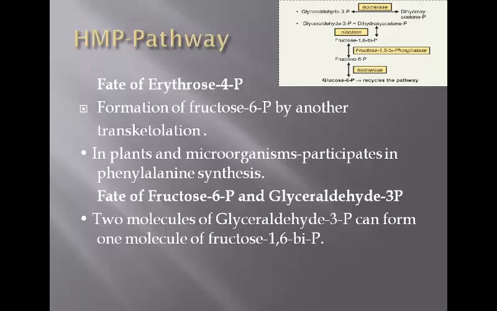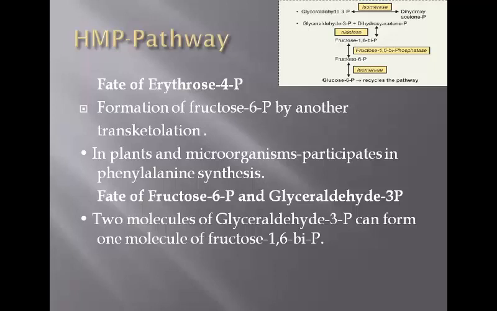The fructose 6-phosphate is epimerized to glucose 6-phosphate, and as 2 fructose 6-phosphate are formed, 2 glucose 6-phosphate are formed. Whereas the glyceraldehyde 3-phosphate can combine with another glyceraldehyde 3-phosphate or dihydroxyacetone phosphate, which are interconvertible to glyceraldehyde 3-phosphate, and continue the cycle.